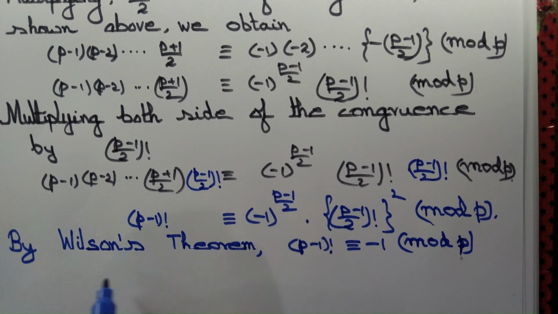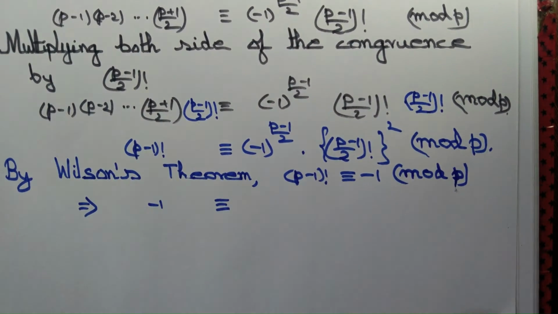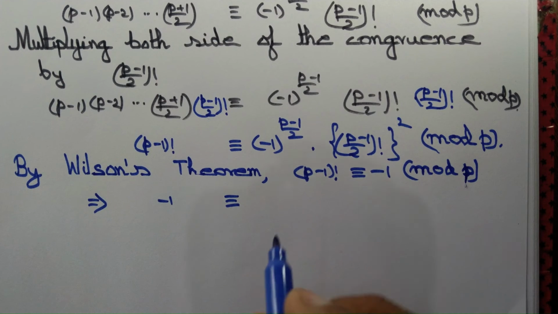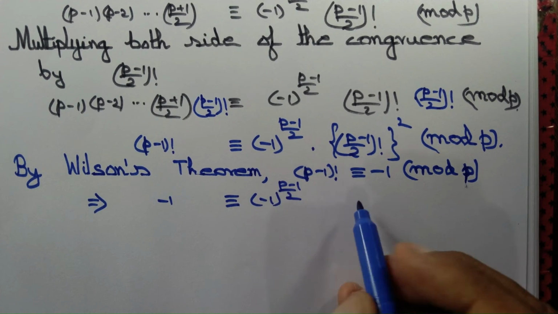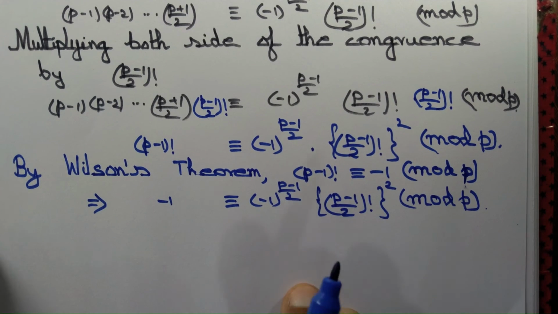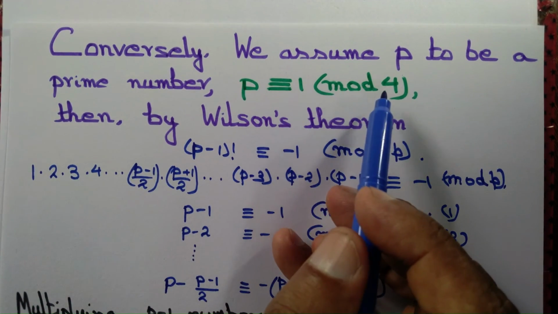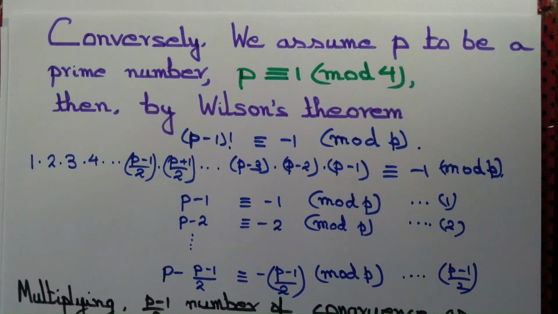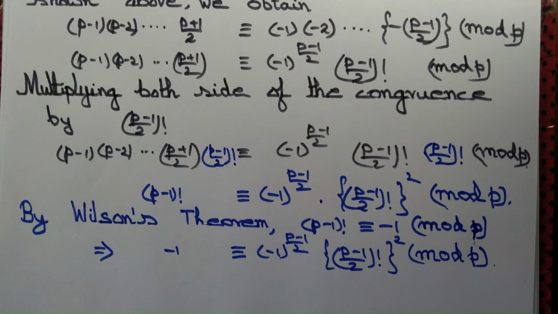So we can write this congruence as minus 1 is congruent to minus 1 to the power p minus 1 by 2 times something squared. We can say x squared. Now, let's recall what we need to prove. If p is congruent to 1 mod 4, then we should be able to find an integer x such that x squared is congruent to minus 1 mod p.